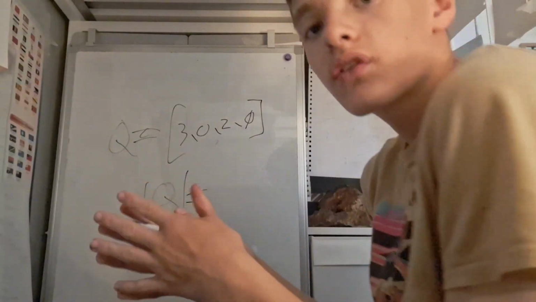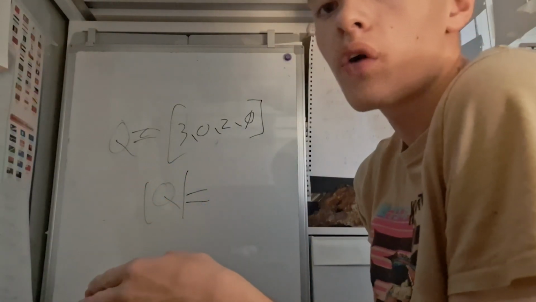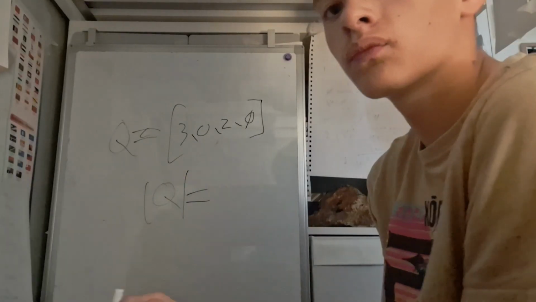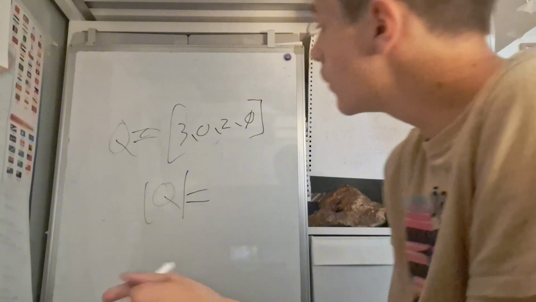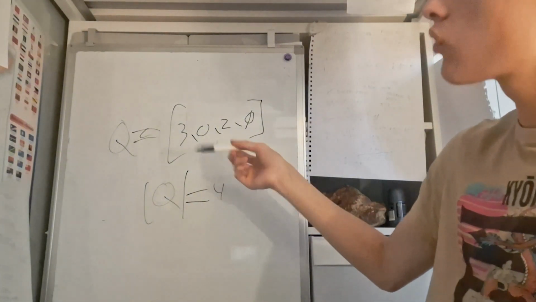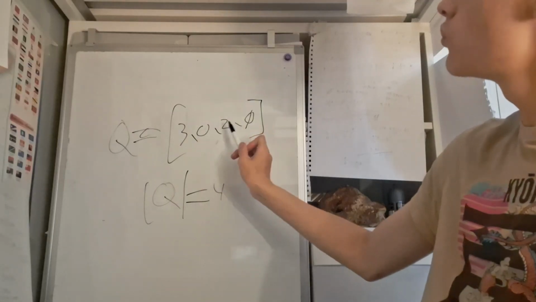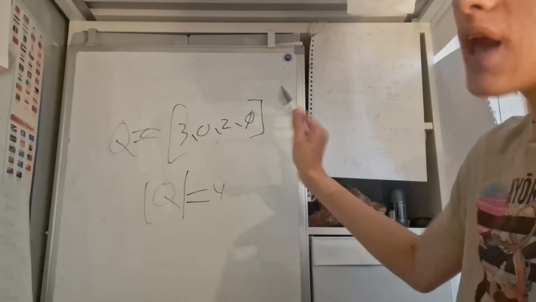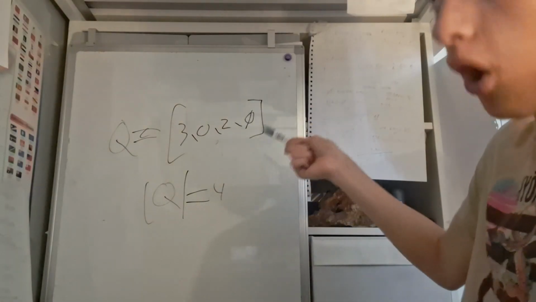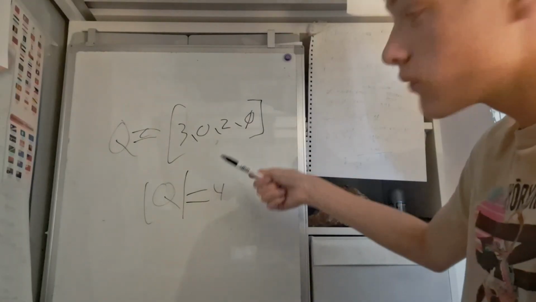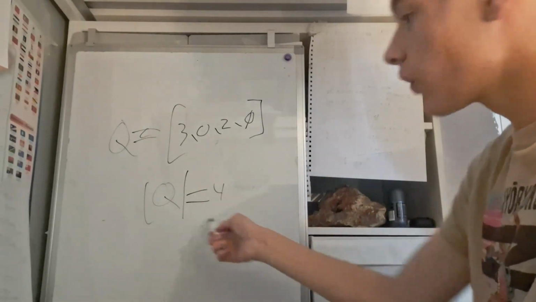What is the cardinality of Q? I've got to say at the start of the video, this will be one of the videos which you can kind of answer if you pause and stop. Cardinality of Q is 4, because we have 4 things inside the box or the set. 3, 0, 2, and the empty set. The empty set is now just an empty box, but it's still a box, which means it itself is a thing which can be counted when counting for the cardinality.